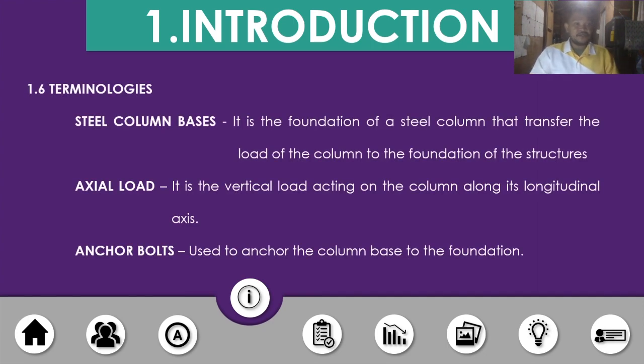So, in terminologies, steel column bases: it is the foundation of a steel column that transfers the load of the column to the foundation of the structure. Axial load: it is the vertical load acting on the column along its longitudinal axis. Anchor bolts: used to anchor the column base to the foundation.